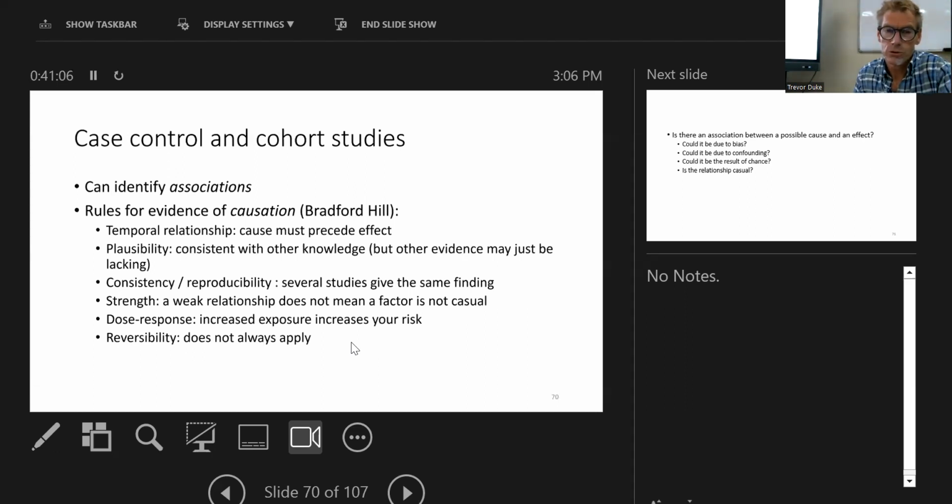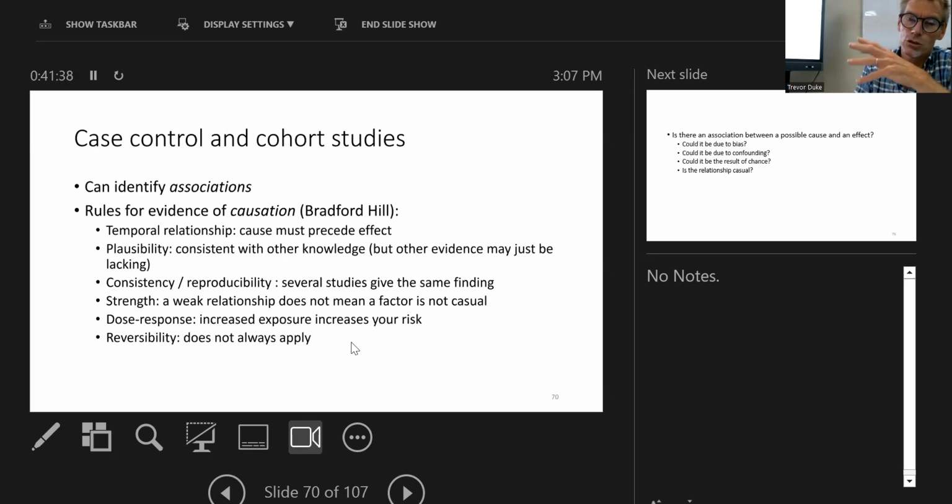And these were Bradford Hill's rules, from the British Doctors study, but also many other studies that he was involved in. It's obvious, but there has to be a temporal relationship. That is, the cause must precede the effect, right? The thing you think is the exposure has got to have happened before the disease occurs. That's the first thing, temporal association. Secondly, there has to be what we call plausibility.